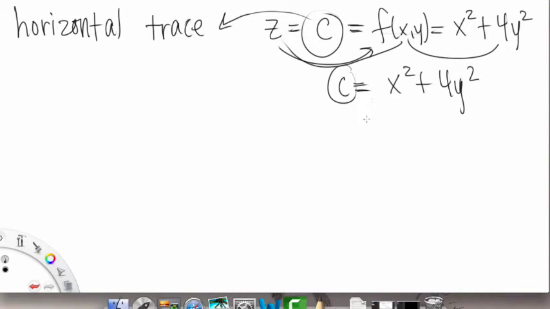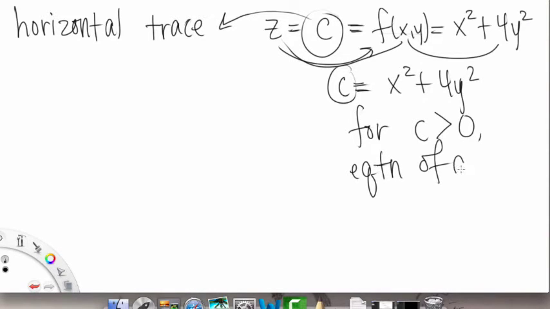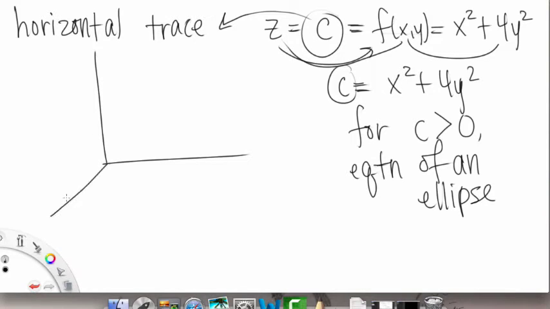What that means is, for c greater than 0, we have the equation of an ellipse. Here that would look something like this, with x, y, z.